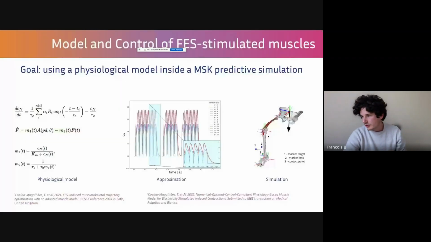And to conclude this presentation, I will talk about the work of another postdoctoral researcher in the team, Tiago Coelho, who is actually from Brazil, and he holds a PhD from UFMG. And what we are trying to do with Tiago is to use a physiological muscle model inside musculoskeletal predictive simulation.